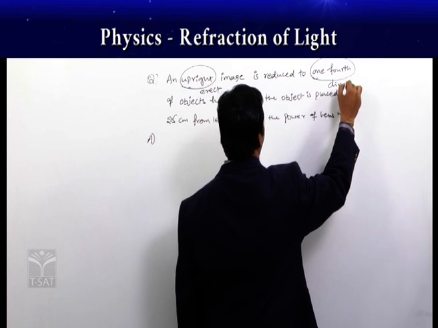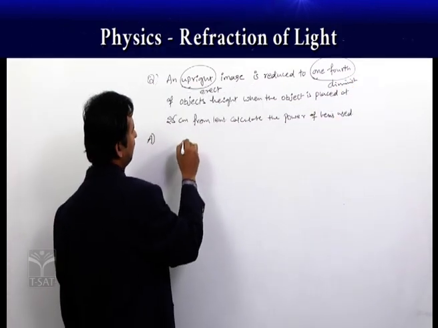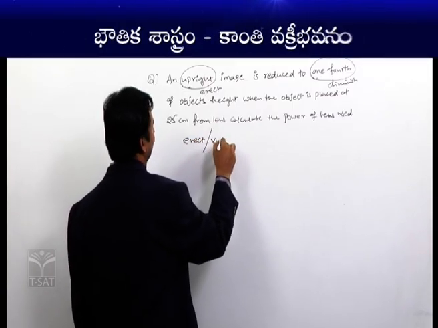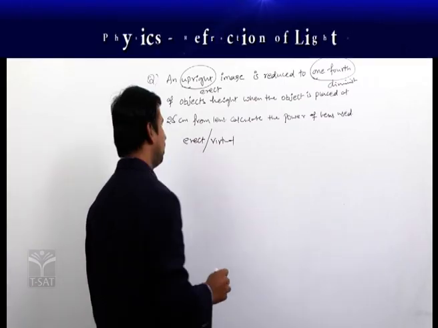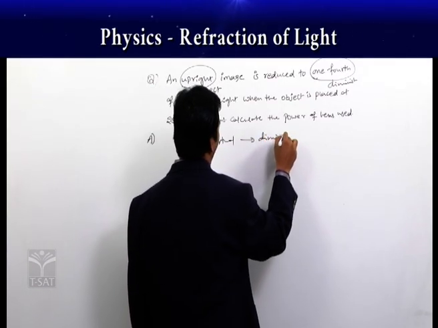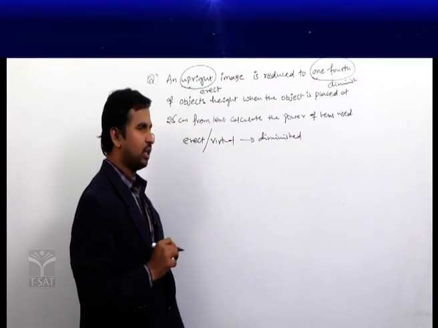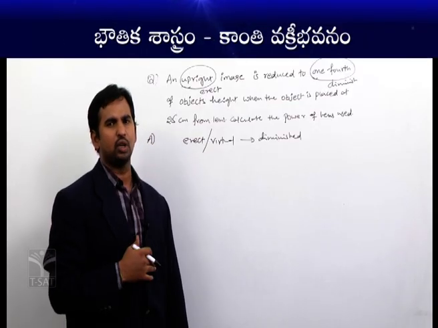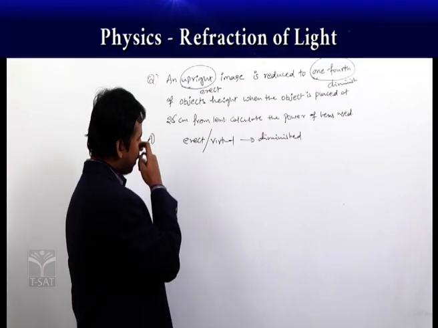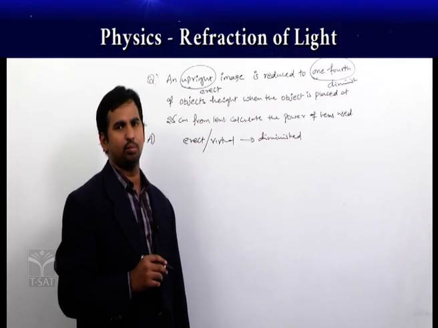So the characteristics are: it is an erect image, all erect images are virtual images, and it is a diminished image. With these characteristics, virtual, erect and diminished, it is formed by only one lens, that is a concave lens.